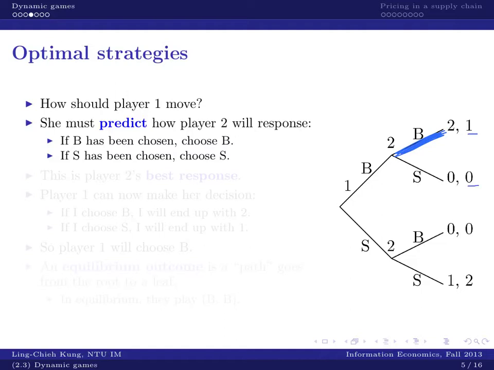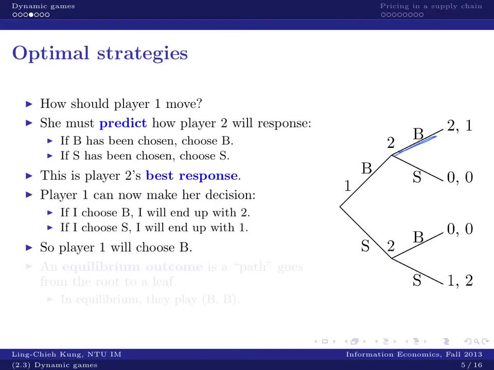If I choose S, on the other hand, then player 2 is going to choose S, because 2 is greater than 0. In any case, player 2 will try to maximize her payoff according to my decision. This is how we say choosing B or S is player 2's best response.